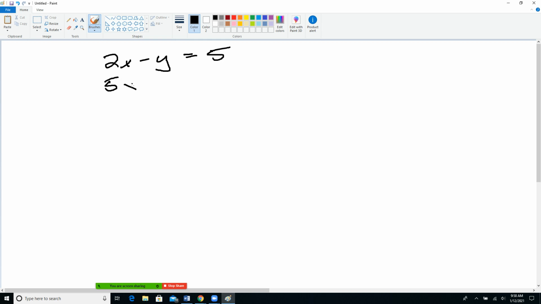You have 5x plus y equals 16. So if I'm going to solve by elimination, I'm just going to add these two together, because right here I have a negative y and a positive y, so that's just going to equal 0. Since that's going to equal 0, I'm just going to do this. 7x plus 0 equals 21.